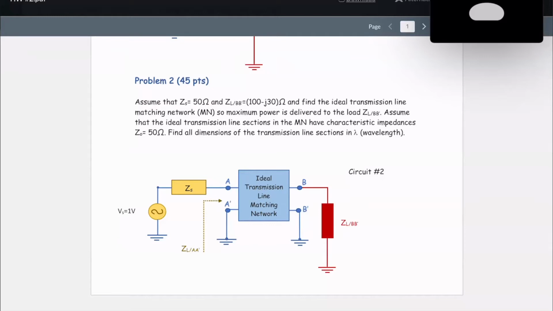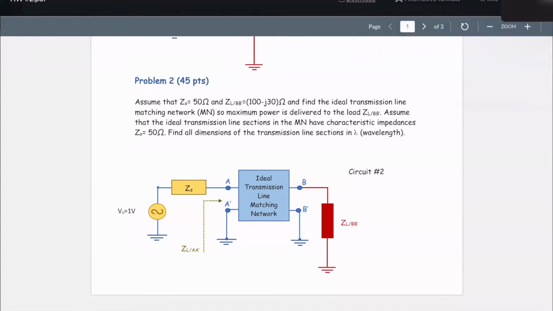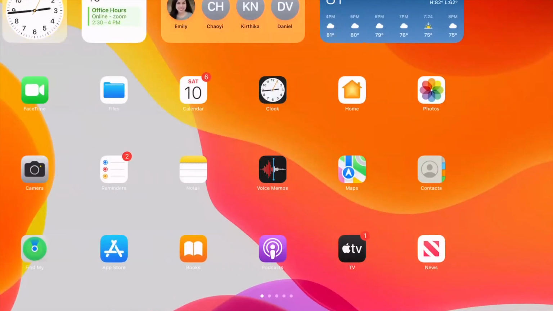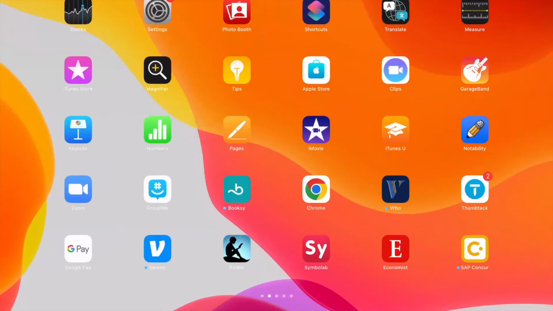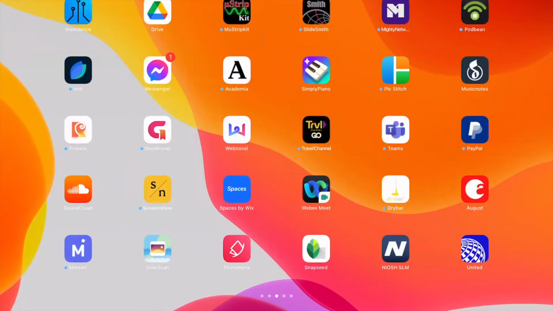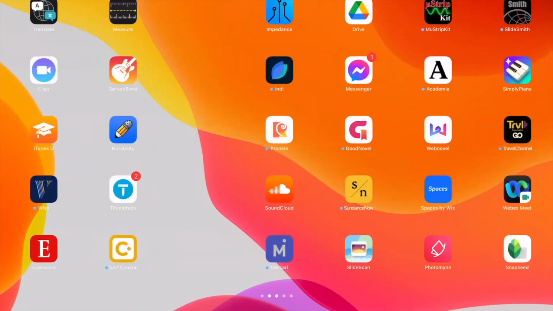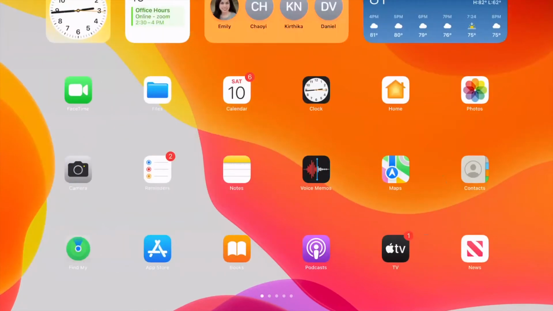Okay, let me see, one second. So I will do a similar problem, and I will design it. I will just select another impedance. So let me try here to go to, okay, I'm trying to find Notability.